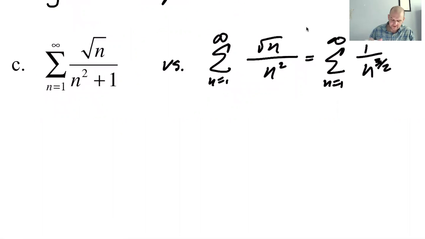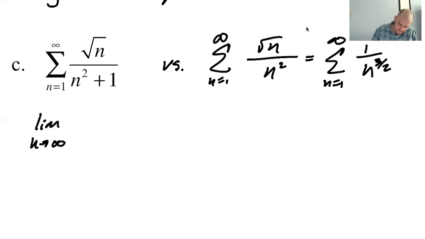If you can build the series you're going to compare to, you basically know what's going to happen, which is why it's easier to use than the direct comparison test, because then I'd have to worry, is the given thing bigger than the thing that I came up with, in which case the thing I came up with is useless because I'm trying to show convergence, or is the given thing smaller? I don't need to worry about that with the limit comparison test, which is what makes it a little easier to use.